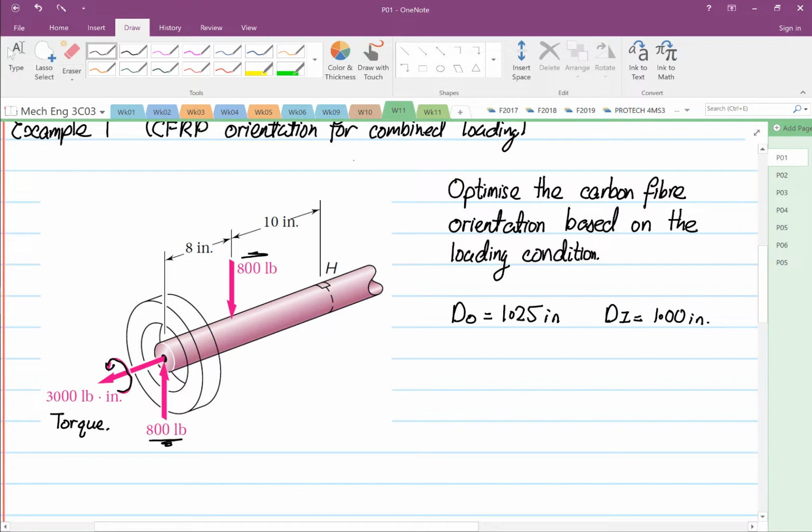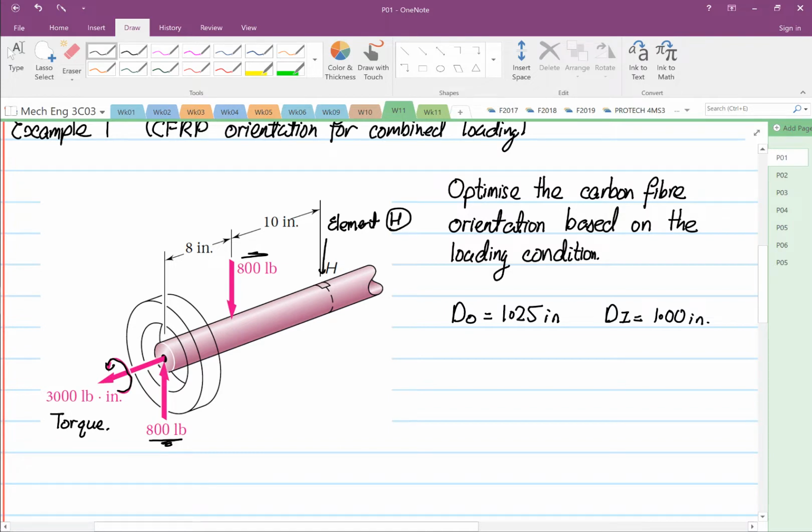Okay, so we're going to focus on element H. So over here you can see, right? So this is our element, our element H. Okay, that's our element H.